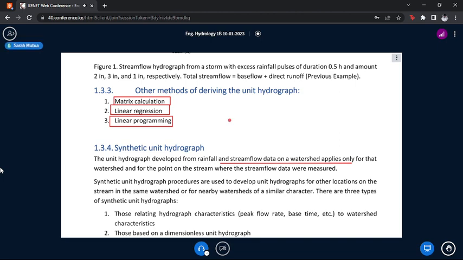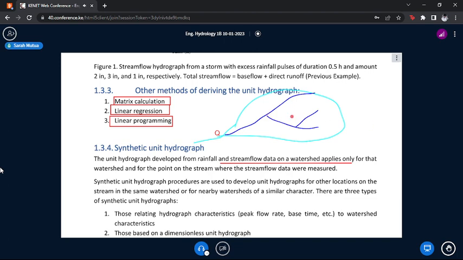What am I trying to say here? If you have this catchment, for example, and you have this rainfall, you have this river that is flowing in this catchment, and we are measuring discharge Q at this point.